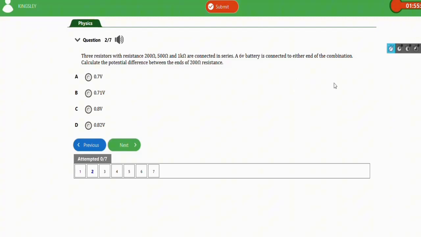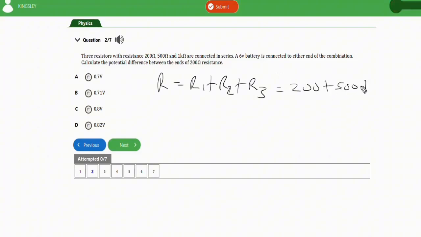Firstly, let's calculate the sum of the resistance in series. The sum of the resistance in series will be R1 plus R2 plus R3. So this equals 200 ohms plus 500 ohms plus, now 1 kilo ohms here means 1 times 1000, that's 1000 ohms.